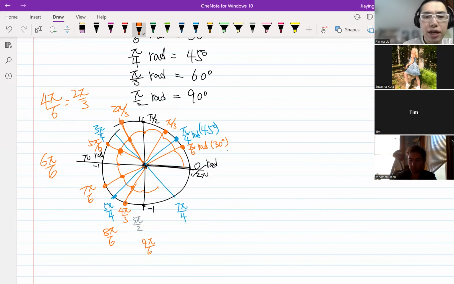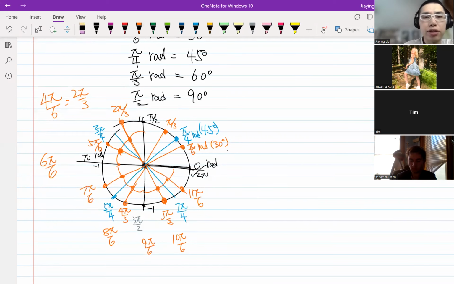And then passing that, I get another pi over 6. So that's going to be 10 pi over 6, which is 5 pi over 3. And if I keep going, the next angle I'm going to have is 11 pi over 6. Then I keep going, I get 12 pi over 6, which is the same thing as 2 pi.